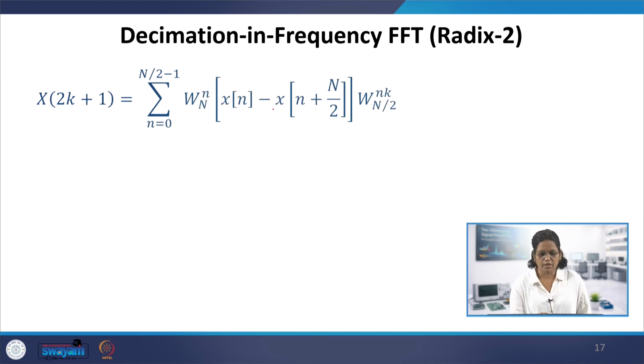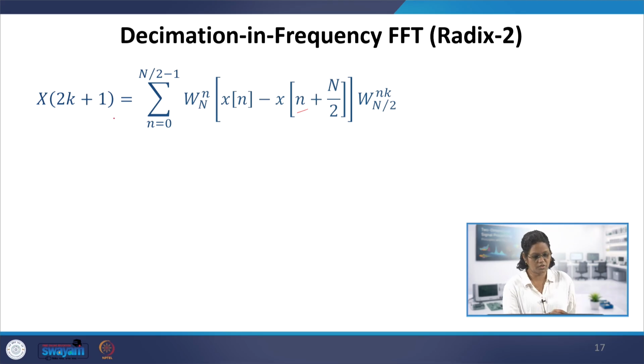So this becomes x of n minus x of n plus n by 2, whereas in the 2k equation this is positive, and there is a twiddle factor multiplied in the x of 2k plus 1.